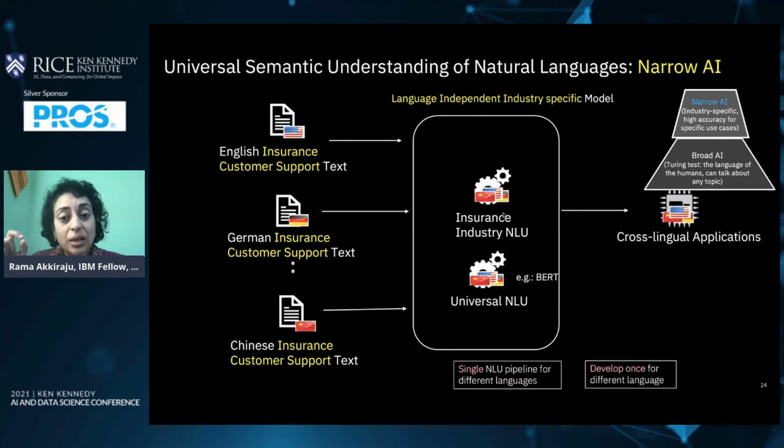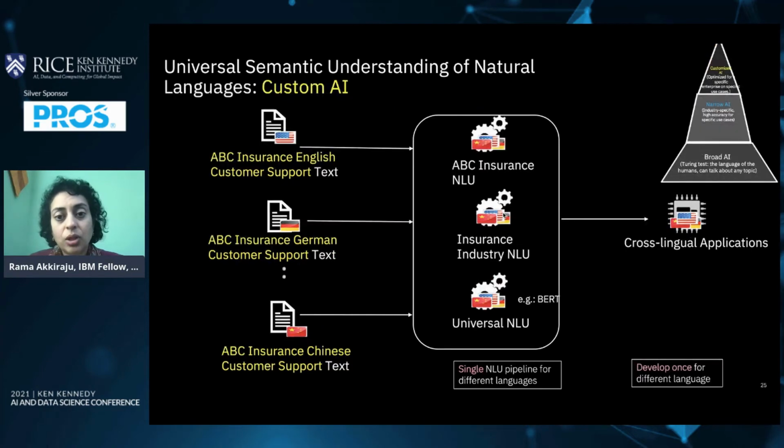Not only that, let's say an insurance domain, specific terminology related to that in German language will be learned on top of it. Now you can even go further and customize it to say a particular company in that particular insurance industry in that particular language, you want to customize it, and that can be done as well.